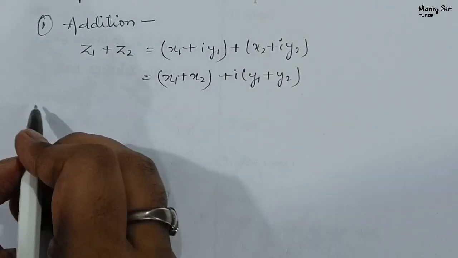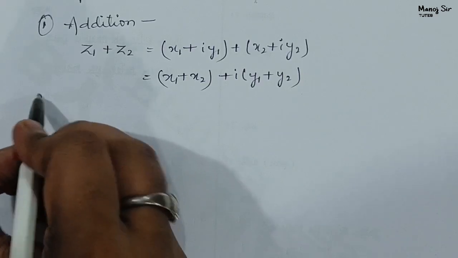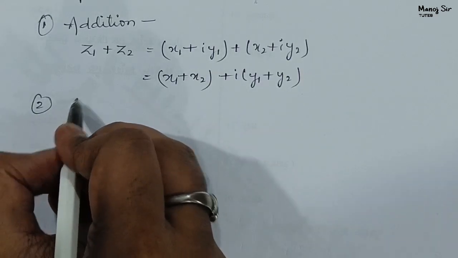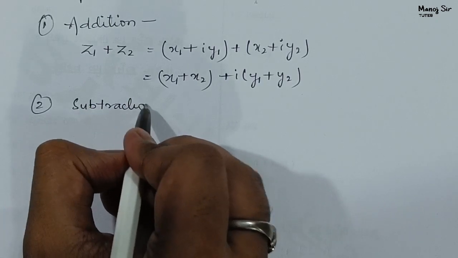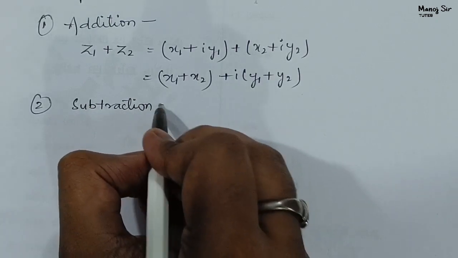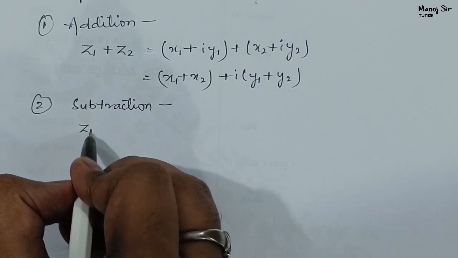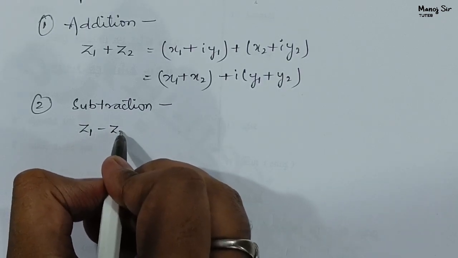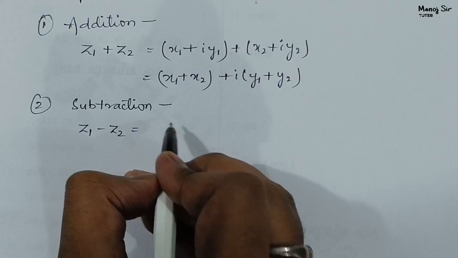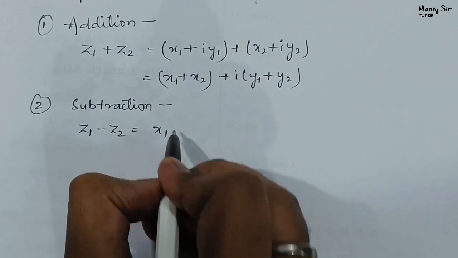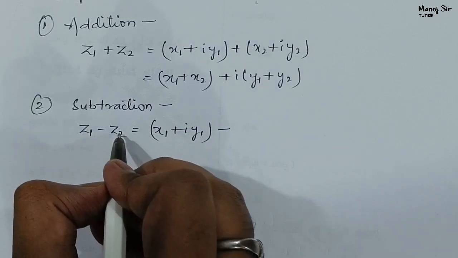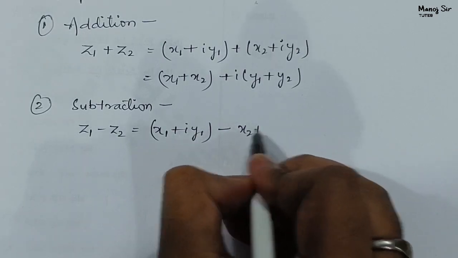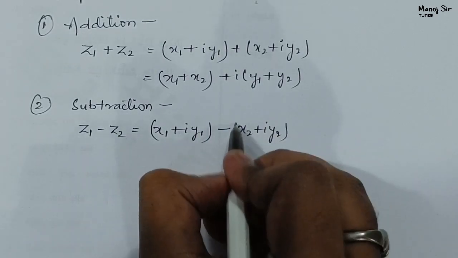Now coming to the second part, that is subtraction of two complex numbers, that is z1 minus z2. Okay, so what is z1? That is x1 plus i times y1 minus z2, that is x2 plus i times y2.